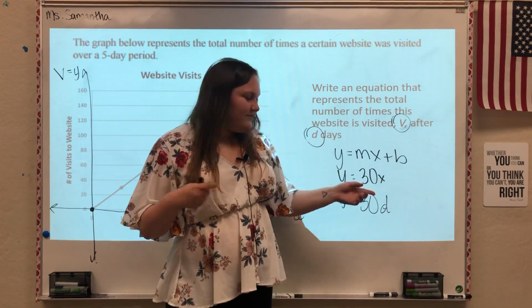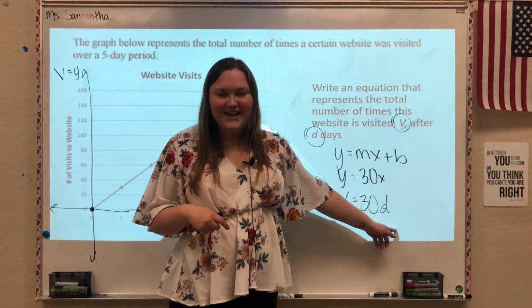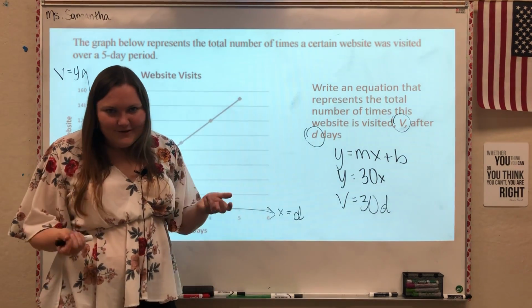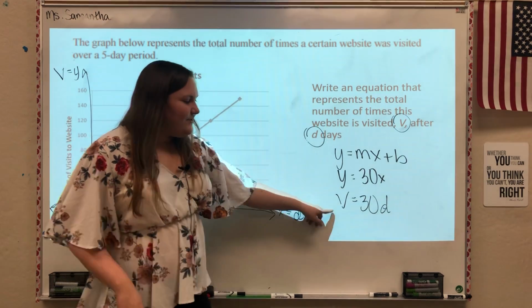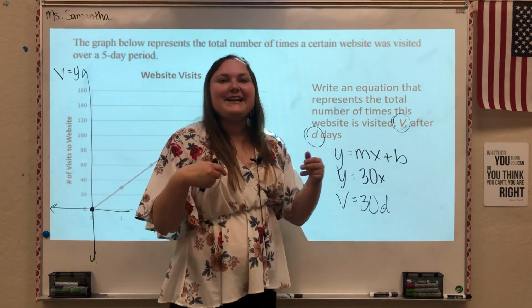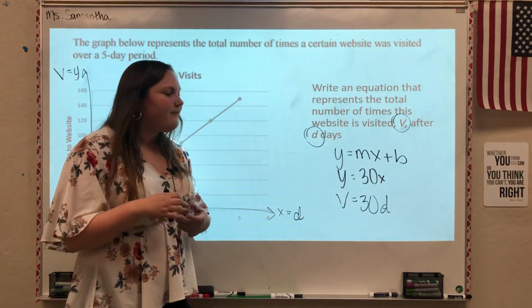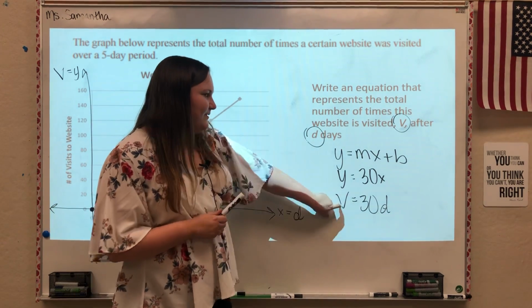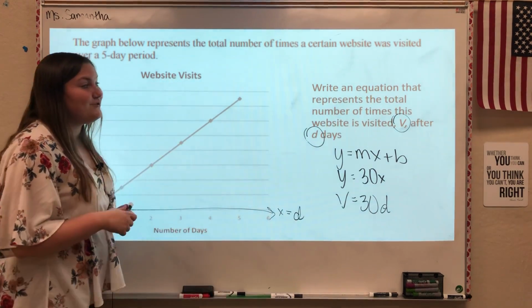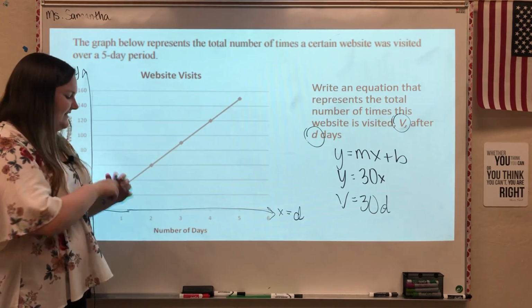Well, what I just said, the visits equals 30 each day, that's what we said in the first part with our slope. It's 30 each day. So this checks out, it aligns with all the other stuff we've said about this graph. So this right here would be our answer for the question, write an equation that represents this.